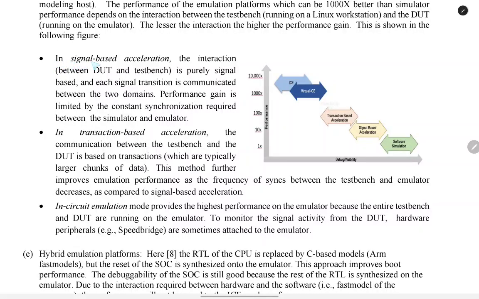In signal-based acceleration, the interaction between DUT and test bench is purely signal-based, and each signal transition is communicated between the two domains. Performance gain is limited by the constant synchronization required between the simulator and emulator.